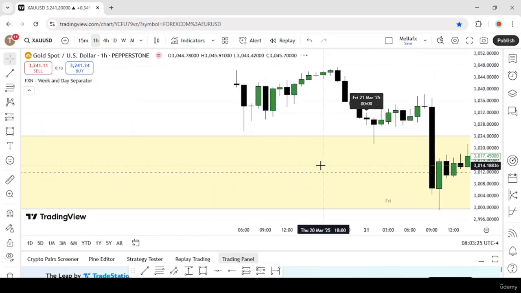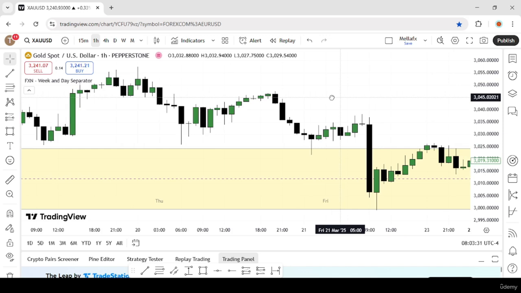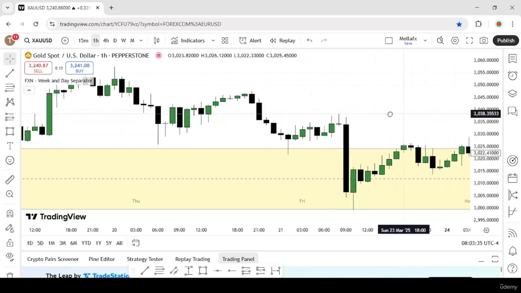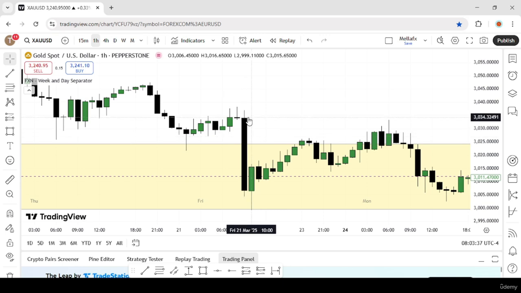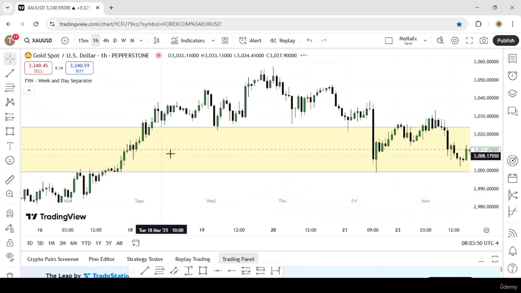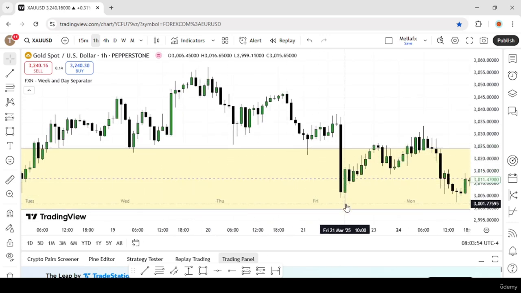So what we'll be looking for next is a break in structure to confirm that this imbalance is confirming bullishness. On Friday, we got a drive or a move into the imbalance. We filled it, and remember also on Fridays we ran sell stops inside this imbalance.